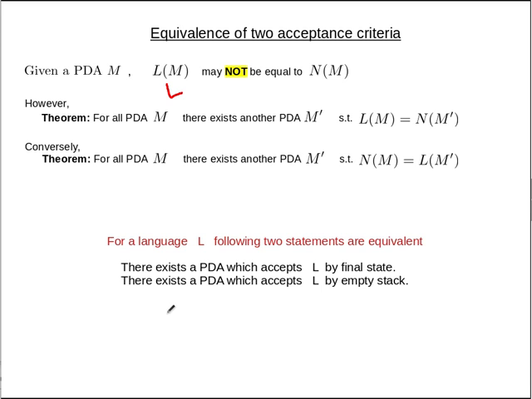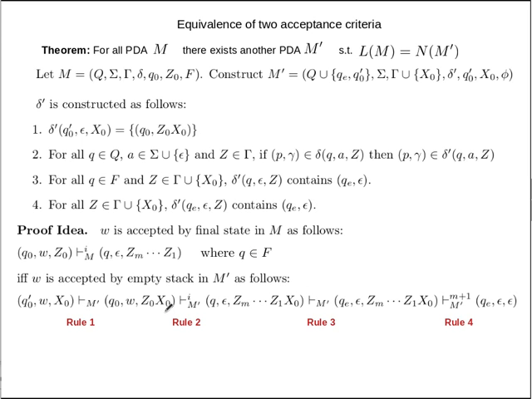So this is what we are going to prove now. Okay, so let's first prove this one. Suppose you have a language L which is accepted by some PDA M. So this PDA M is given and this L of M is defined.